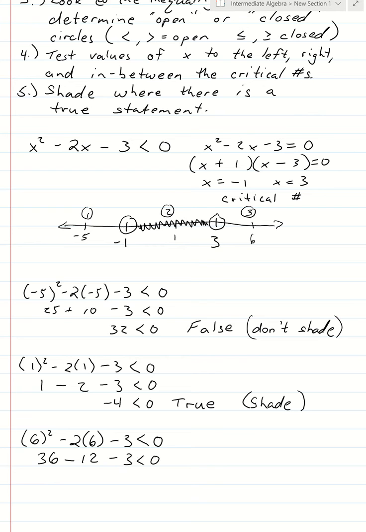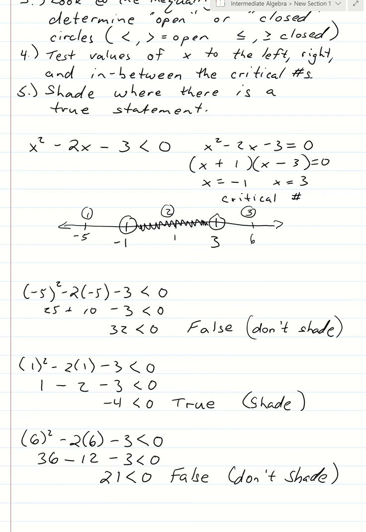Is that less than 0? Well, 36 minus 12 would be 24. 24 minus 3 would be 21. Now, is 21 less than 0? Well, no, that's false.